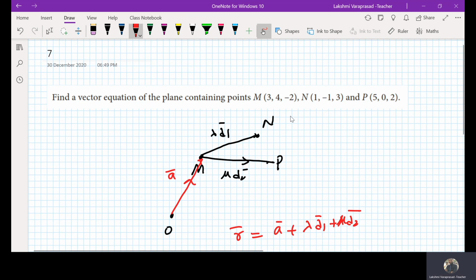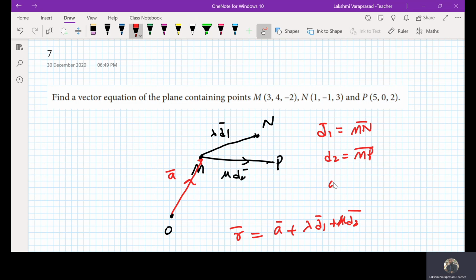Our job is to calculate what D1 and D2 are. It's going to be very simple. D1 bar is nothing but MN bar and D2 bar is nothing but MP bar.